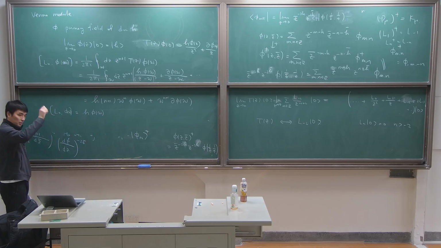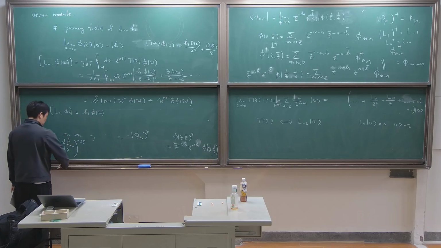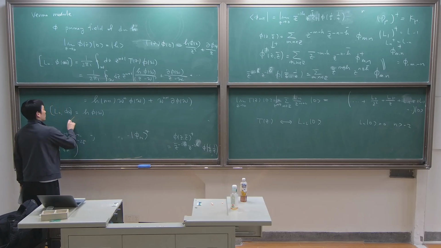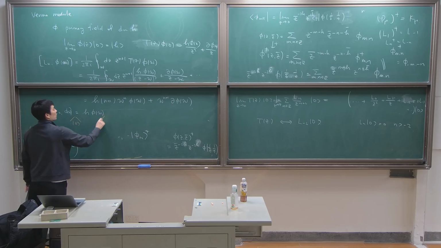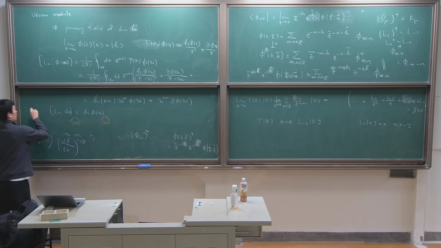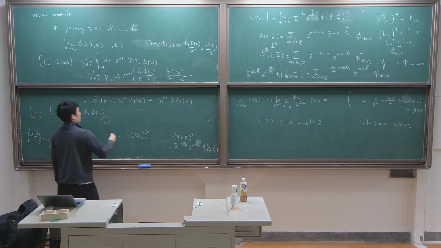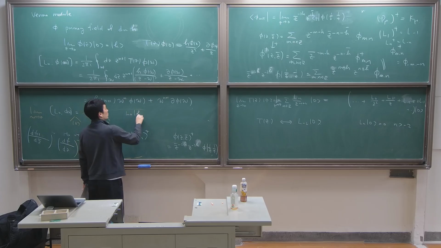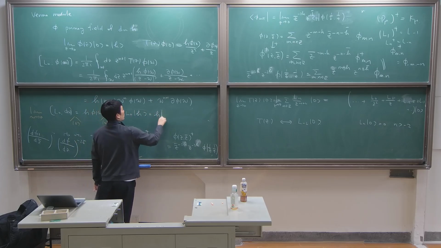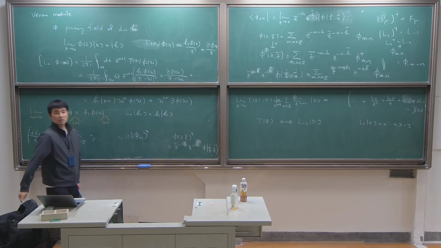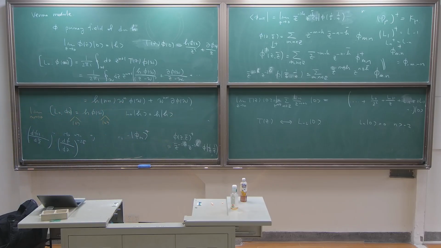You can act on the vacuum and take the limit w goes to 0. What you get is that L0 acts on the state h to give h times h. Okay, that's what you get. Is that okay?